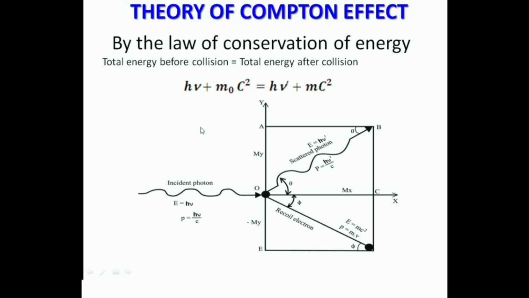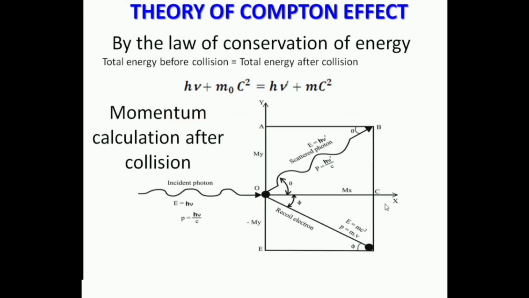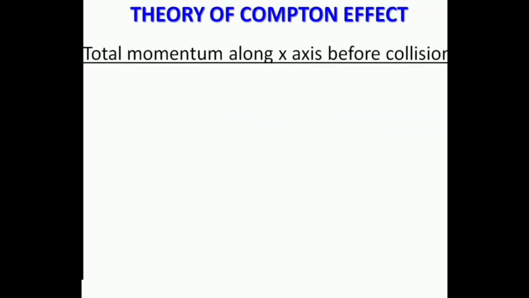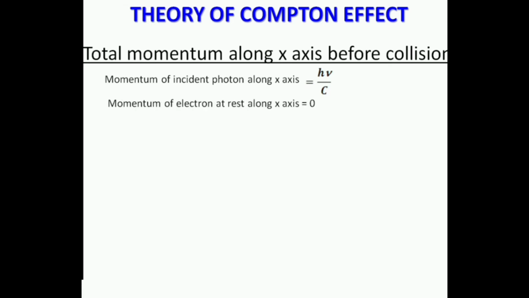This is the whole conservation of energy. We'll apply conservation of momentum in the next slide. So total momentum along the x-axis before collision: the momentum of the incident photon along the x-axis is h nu upon c. The momentum of the electron at rest along the x-axis is equal to 0.